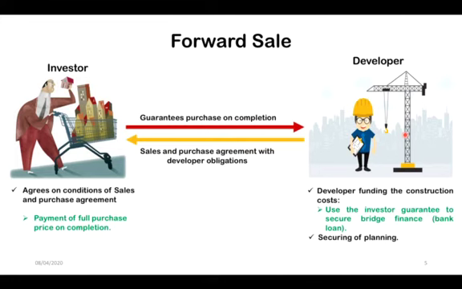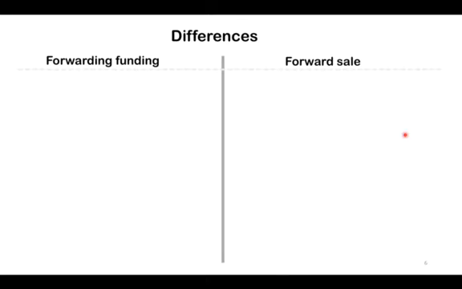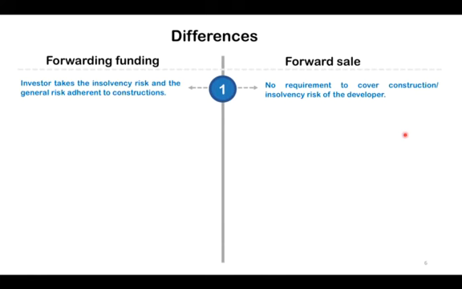Now let's turn our attention to the differences between a forward funding agreement and a forward sale agreement. So let's look at the differences. Now, in a forward funding arrangement, the very first difference you would observe is that investors take the insolvency risk and the general risk inherent to construction.